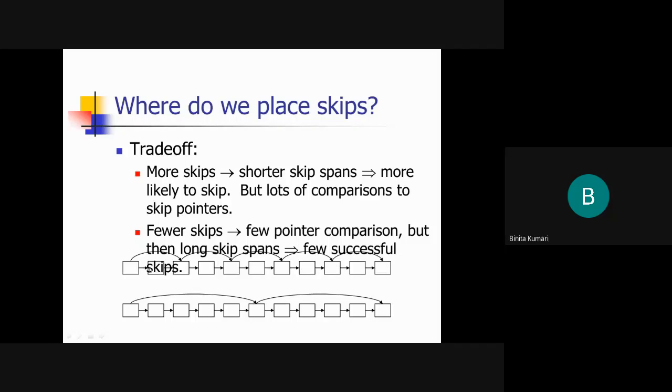So in this posting list you have 5 skips. Okay, so here you can see the number of skips is more than the second posting list.